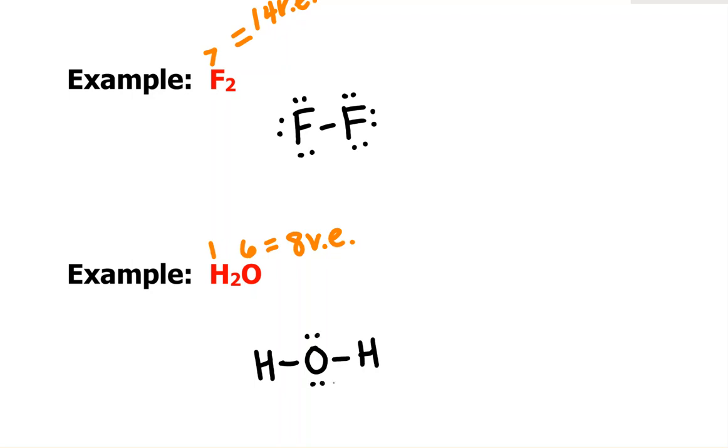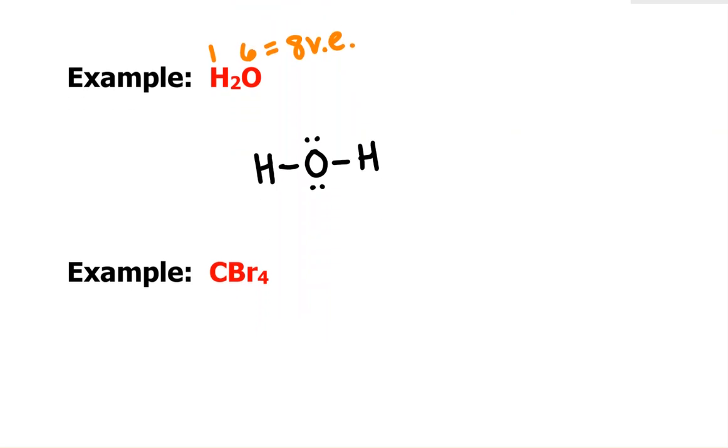I'm going to pair them up on the sides like that. And then I'm going to check and make sure oxygen does have 8, because we count like that. 1, 2, 3, 4, 5, 6, 7, 8. So it looks like everybody has their octet or whatever they need.